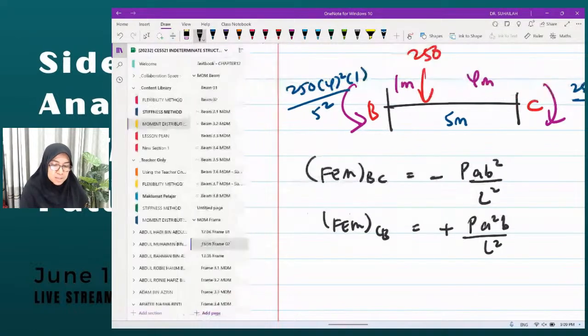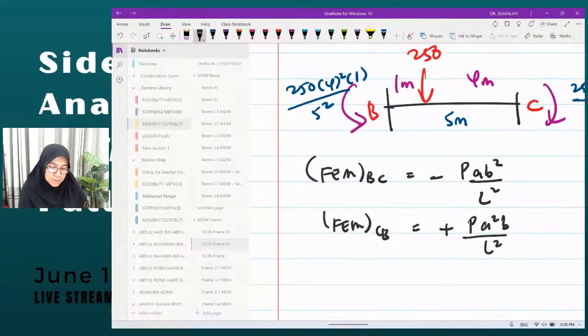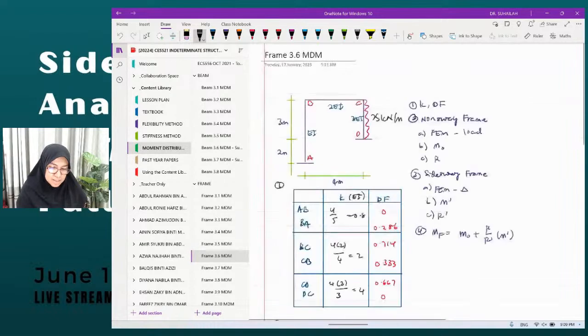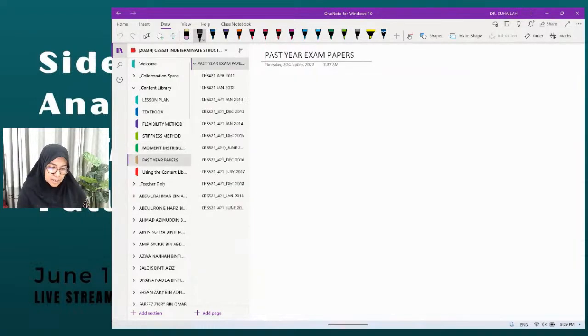The formula we can refer to in the appendix; we will put it in the appendix later on.